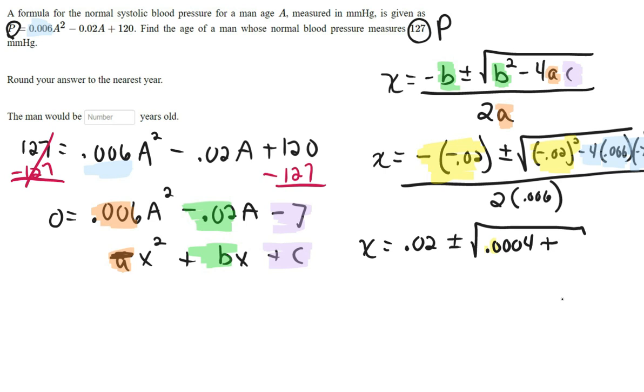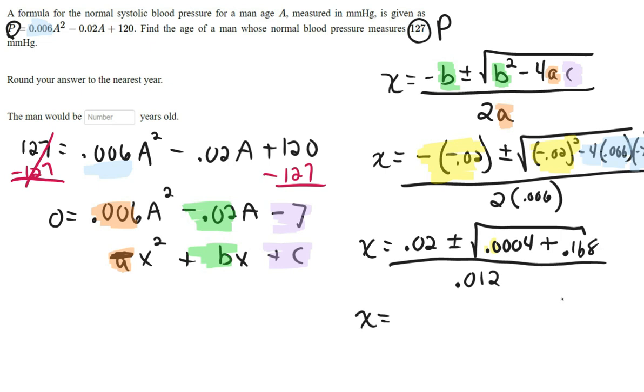And then I've got to multiply all this together. So 4 times 0.006 times 7, I got 0.168, all over 2 times 0.006, which is 0.012.